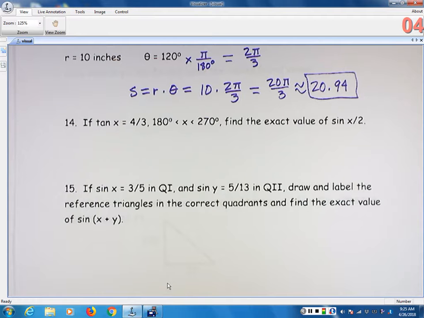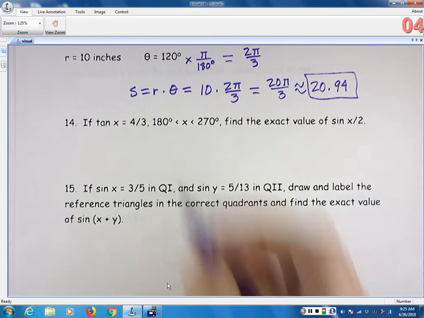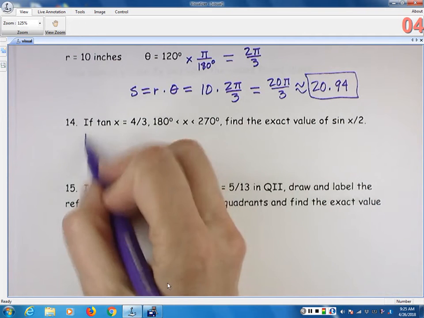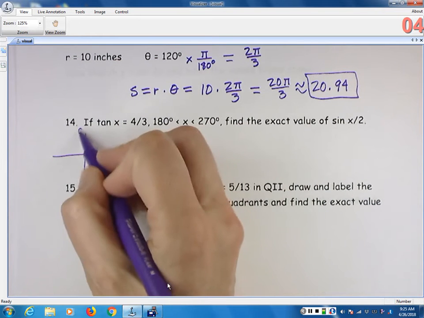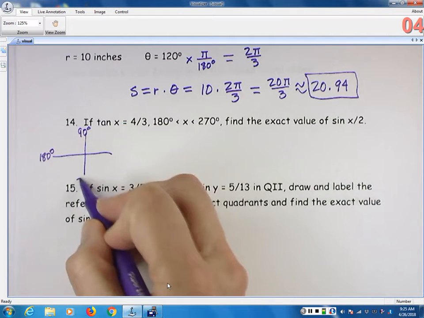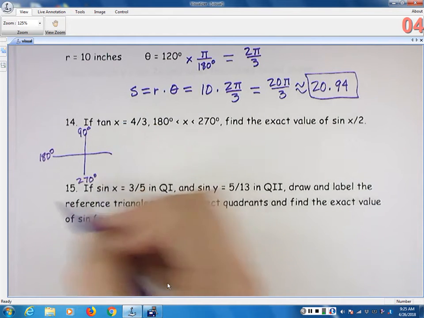All right, if tangent x equals 4/3, and x is between 180 and 270, so 90, 180, 270. So we're in quadrant 3.